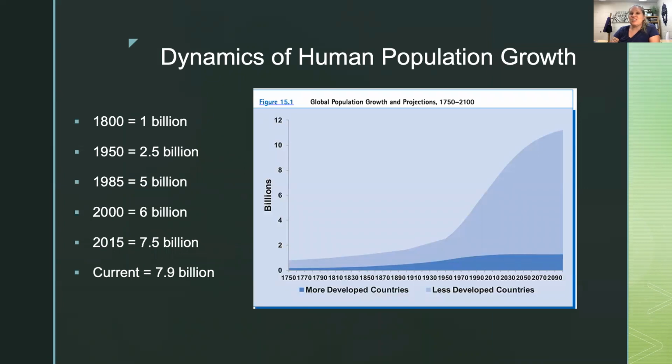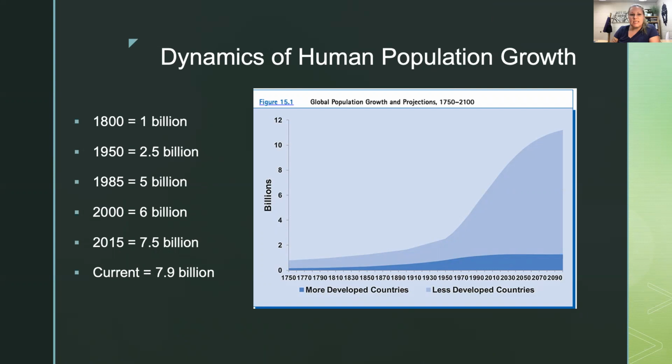Overall, in the past 200 years, we've seen increasing population growth. If we look back all the way to 1800, we started with a population at that point in time of about 1 billion people. By 1950, we had more than doubled that, and then by 1985, more than doubled that again.